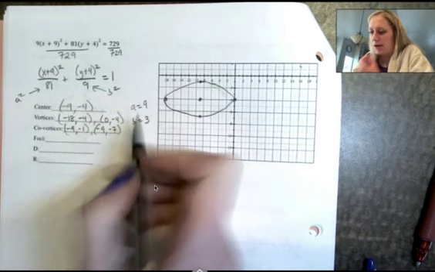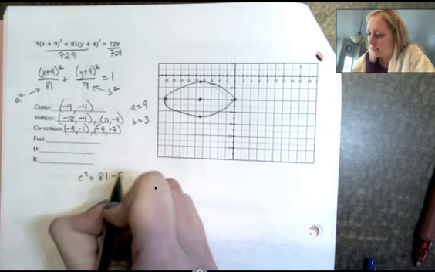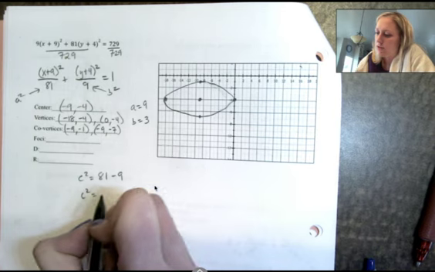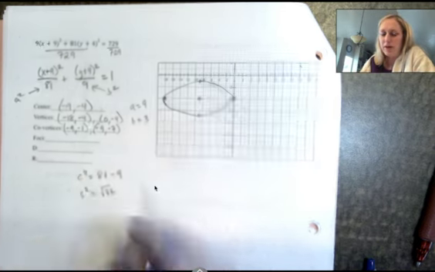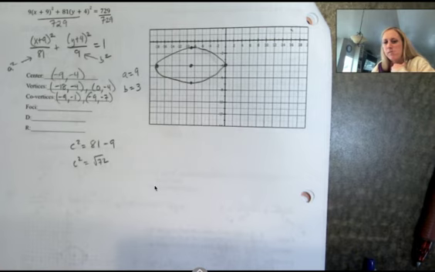Okay, foci, we're going to do c squared equals a squared minus b squared. So let's see, we get c squared equals 72, so c is the square root of 72. I can break down 72, because 72 is 8 times 9.